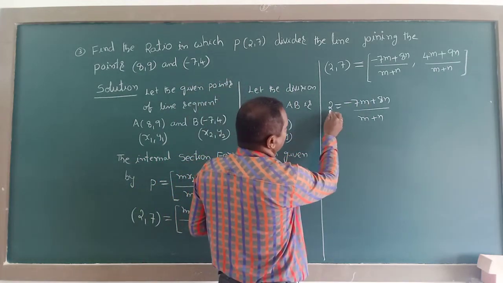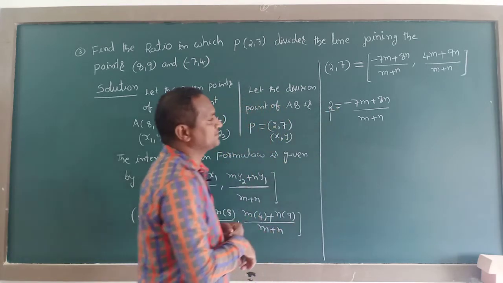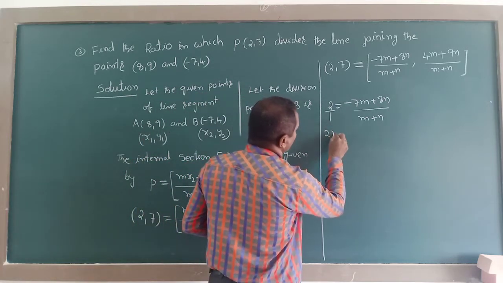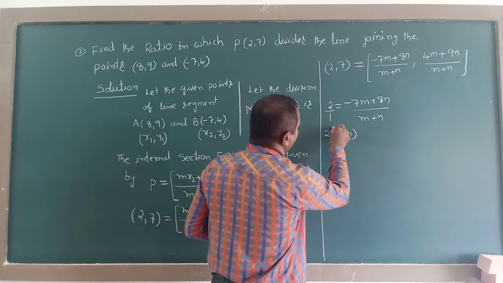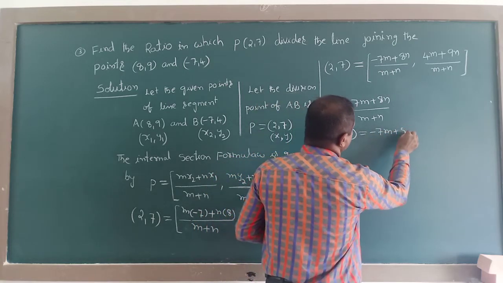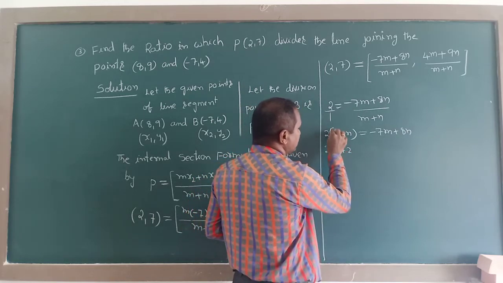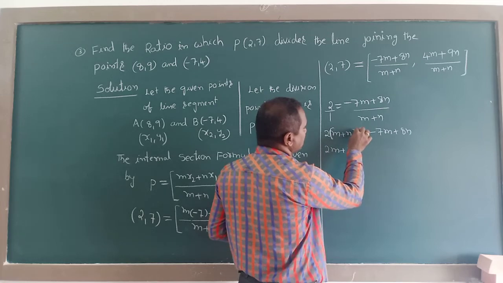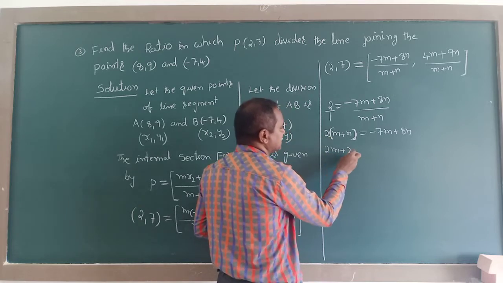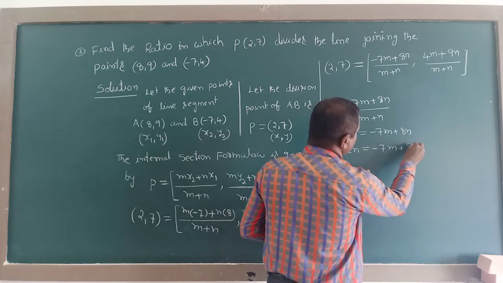Taking cross multiplication, with 1 under the left-hand side: 2(m + n) = -7m + 8n. That is 2m + 2n = -7m + 8n.